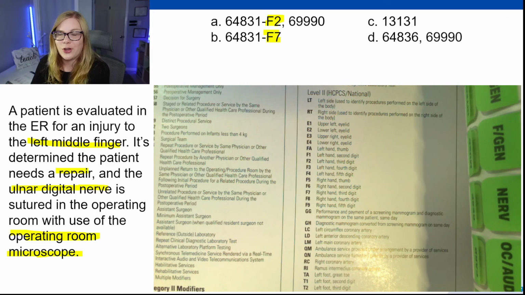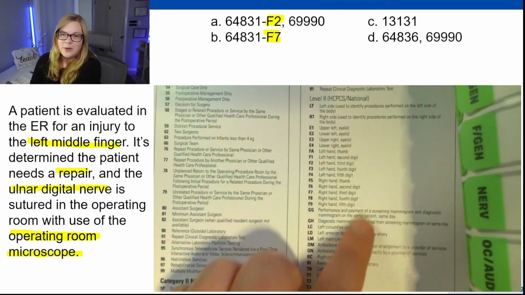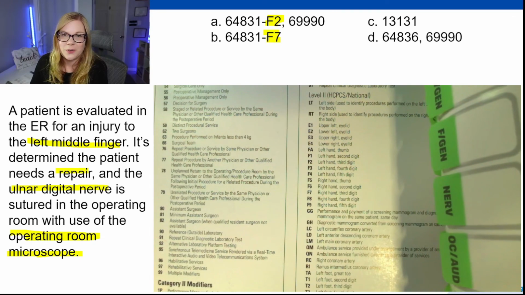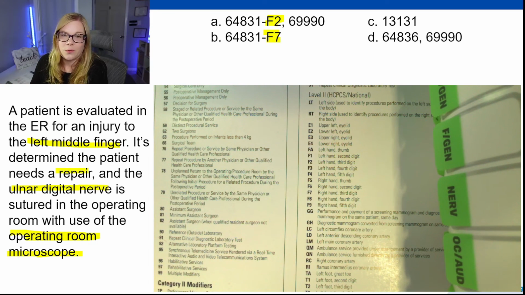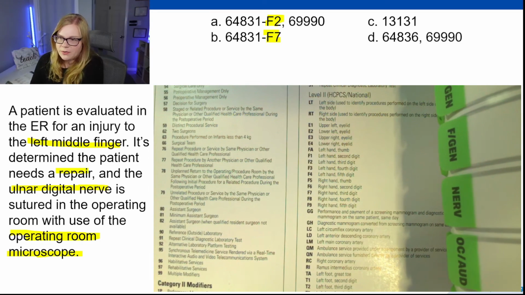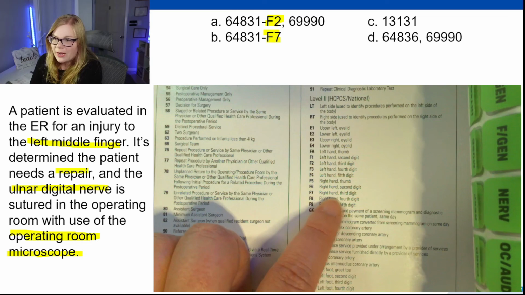So you do have to know the difference between the digits, whether it's an index or the middle finger, etc. I used to do a good amount of hand surgery and I didn't want to get tripped up, so I used to write on my CPT book which one was the index finger, which one was the pinky, which one was the ring finger, because my providers wouldn't say second, third, fourth digit, they'd say index finger, ring finger, etc. So F2 is our left hand third digit. F7 is our right hand third digit.